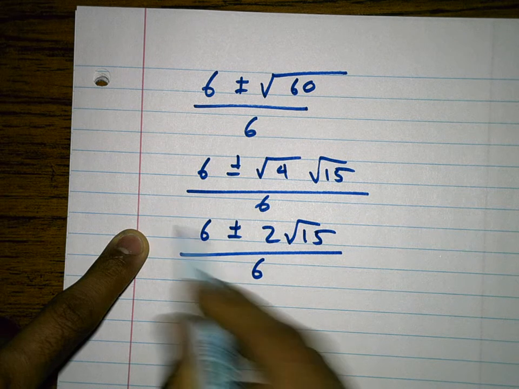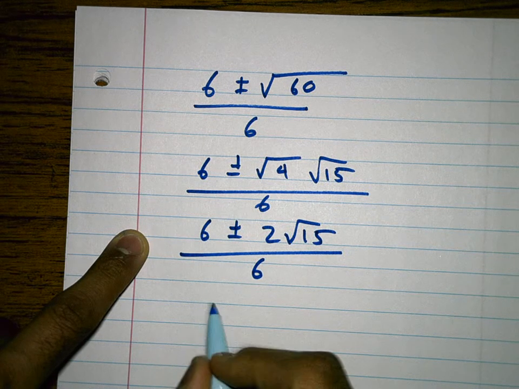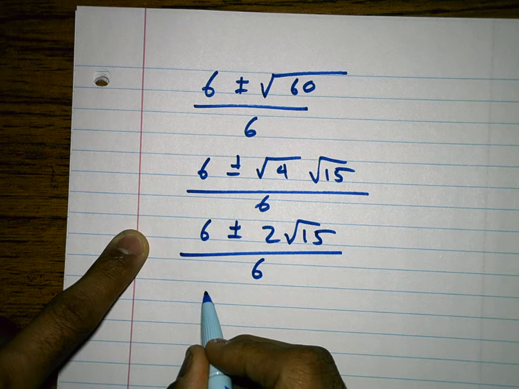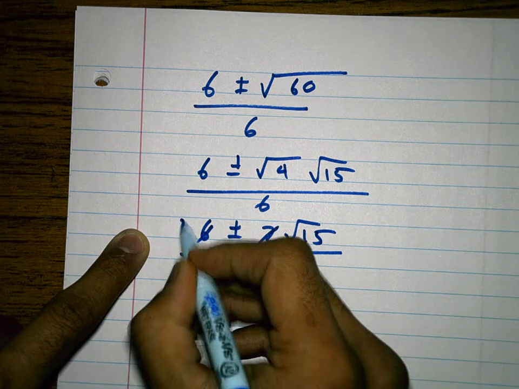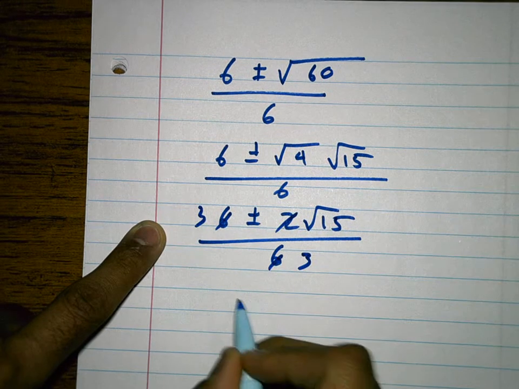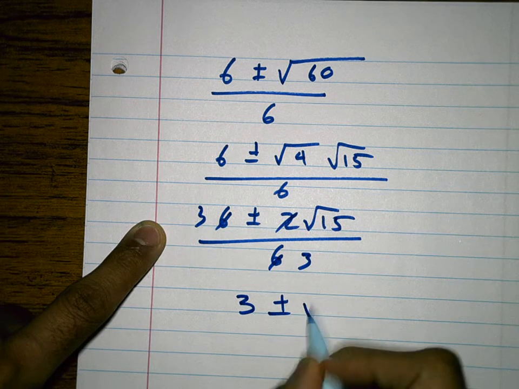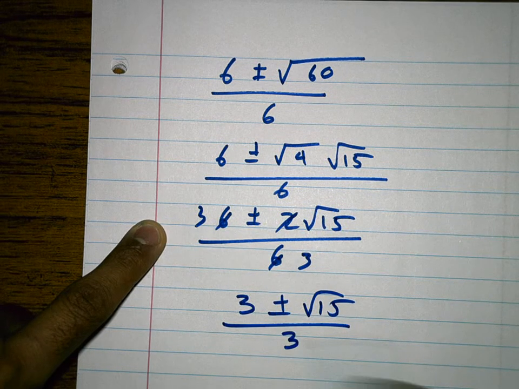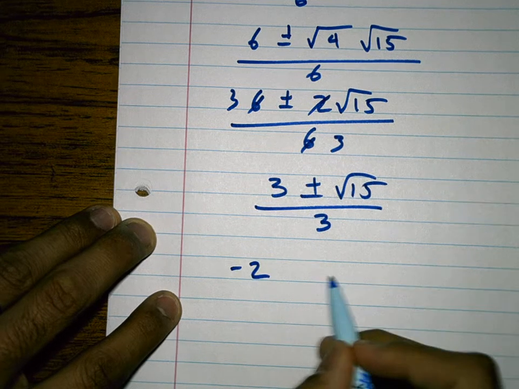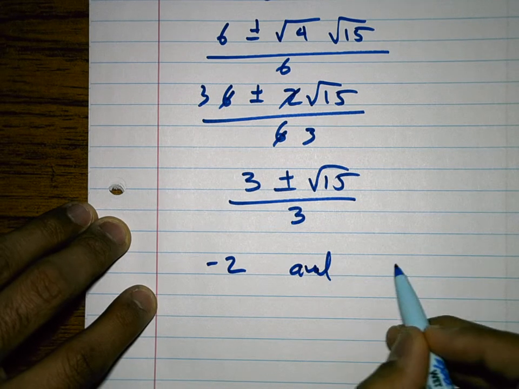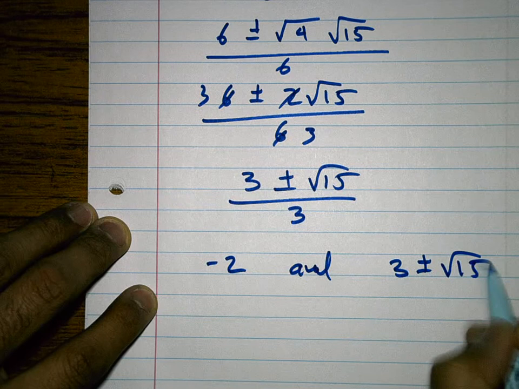So I can take a 2 out of both of those, so I cross that out, and it leaves me with a 3 here and a 3 there. So I'm looking at 3 plus or minus root 15 over 3. So my roots were negative 2 and 3 plus or minus the square root of 15 over 3.